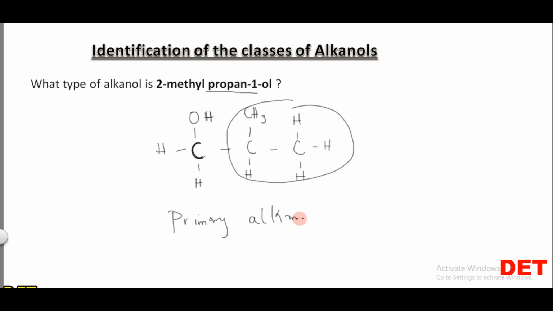alkanol. Alright, why is it a primary alkanol? Because we have just one alkyl group attached to the carbon atom bearing the hydroxyl group. Another way you can look at it is to look at the hydrogen atoms attached to the carbon atom bearing the hydroxyl group. If you have two hydrogen atoms attached to that carbon, that is a primary alkanol.